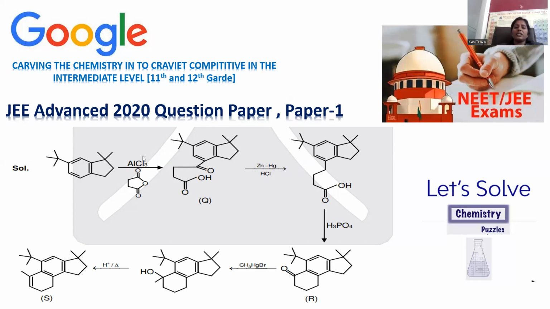And under Lewis acid conditions, we are adding this cyclic anhydride. Whenever cyclic anhydride is added, it is obvious to go for the Friedel-Crafts acylation process. Acylation is carried out. This will be opened and attached at this position, and here one thing we have to understand.